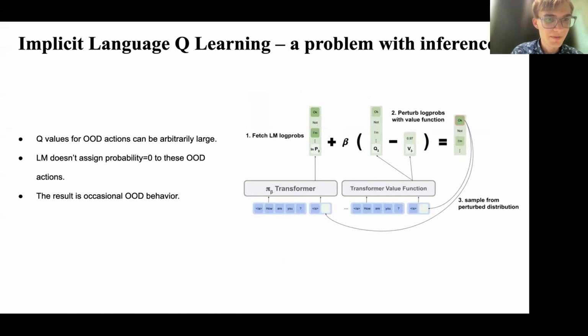It's probably going to be over smoothed, and it won't actually assign a probability of 0 to these out of distribution actions. It will assign a low probability, but not low enough. And so the result is these out of distribution Q values can occasionally just overpower the language model. When it does this, it looks like just gibberish that it's generating. So yeah, this is a problem.